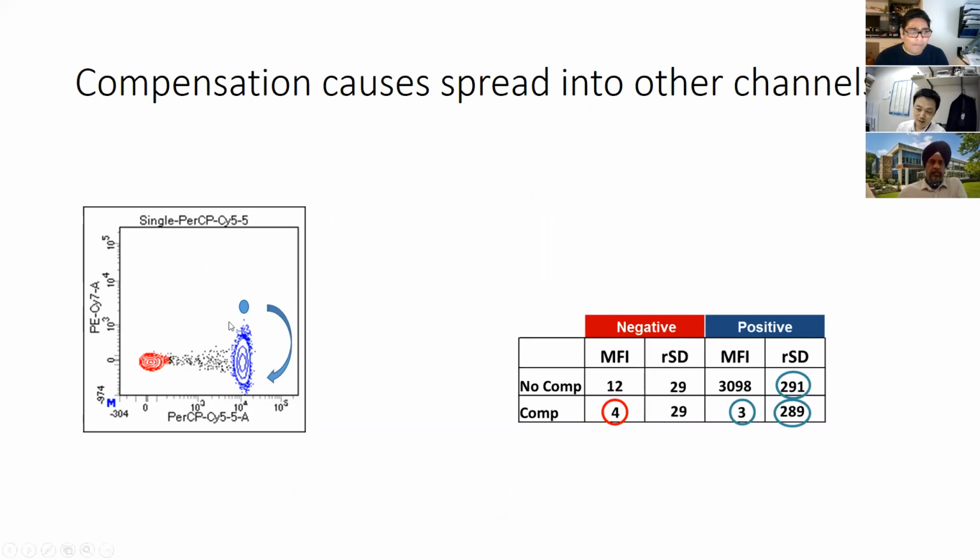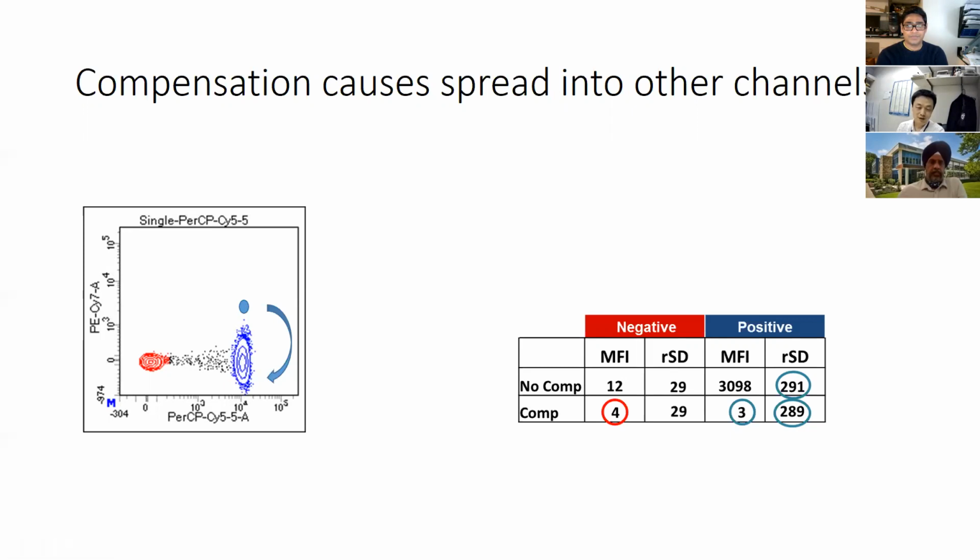So I put a small population here. That's before compensation. After compensation, the whole blue population is moved down here. Usually we run our fluorescence plot in the log scale. So see, this is 0, 10 to the 4, all the way to 10 to the 5.